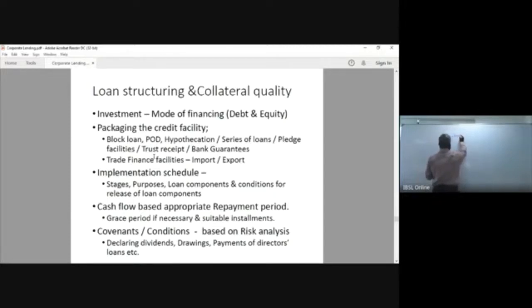Customer's contribution, that is equity. The bank loan. In the total.